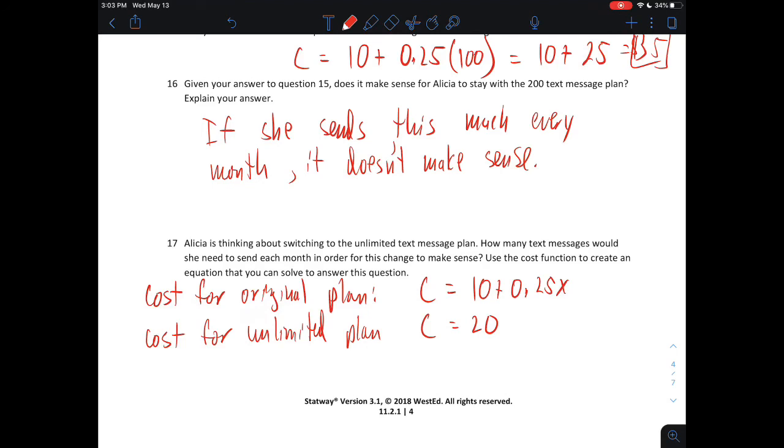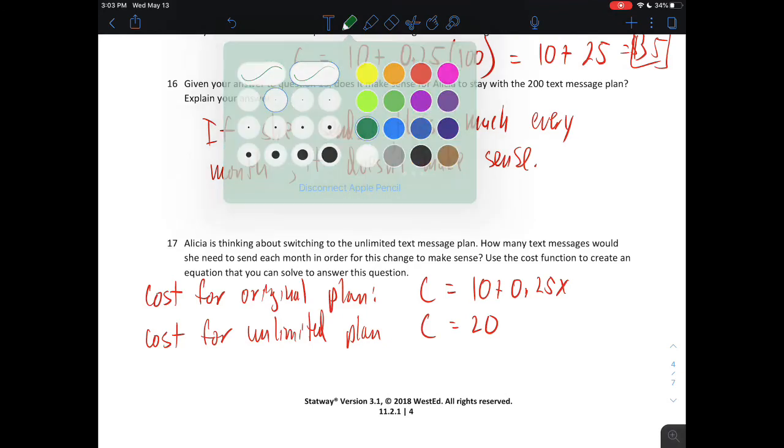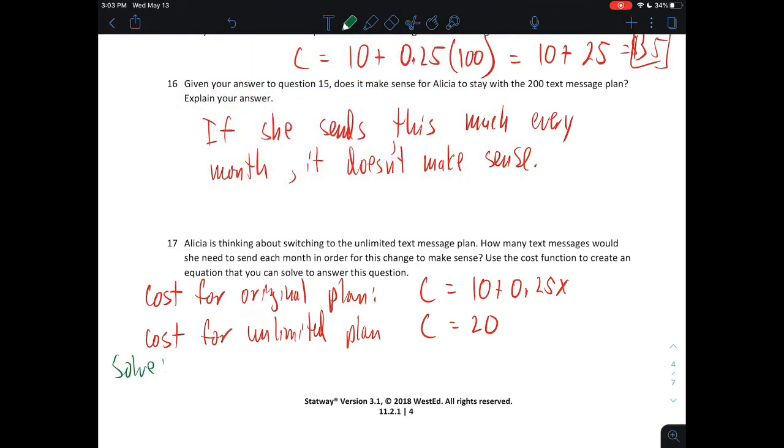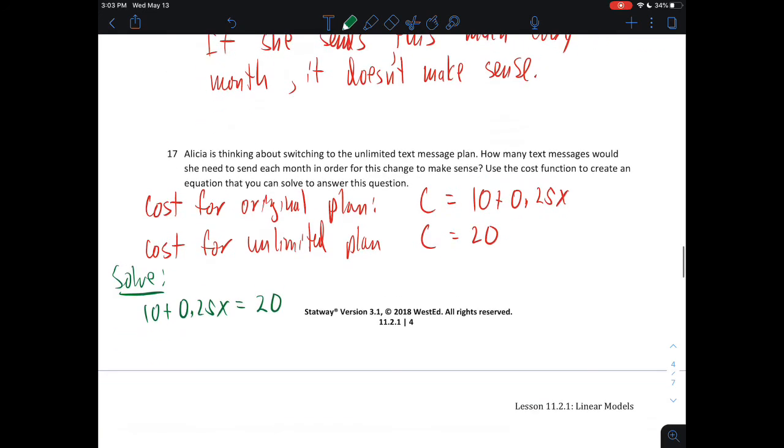At some point, these two costs are the same, but then one becomes more beneficial, the unlimited plan. So we just want to solve when is the original plan that she had the same as the unlimited plan as far as costs. And then once we answer that, that'll tell us how many texts she would need to send for it to make sense. So this is just like earlier equations that we've seen.